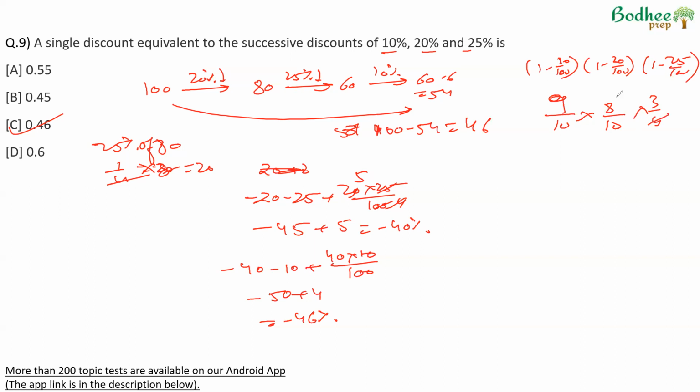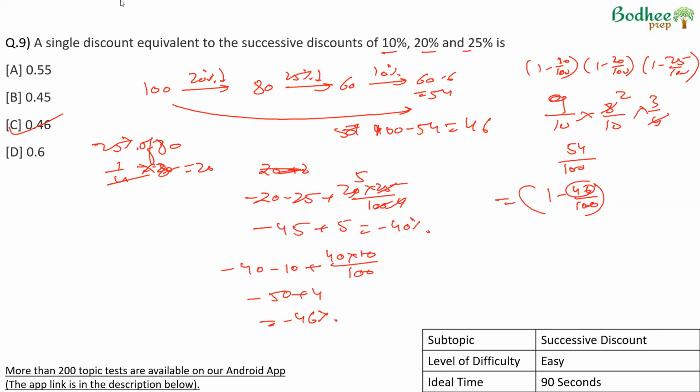So this becomes 4 2s are 8, 9 3s are 27, 2s are 54. 54 upon 100, which can be written as 1 minus 46 upon 100. So a net decrease of 46% is happening. Either or any of the ways that you can think of, in all ways, it's an easy question, should not take more than 90 seconds to solve.